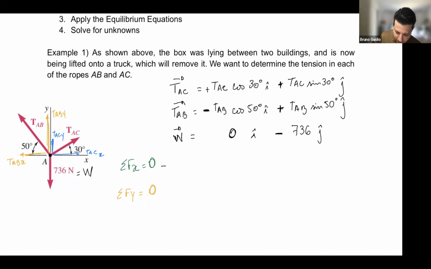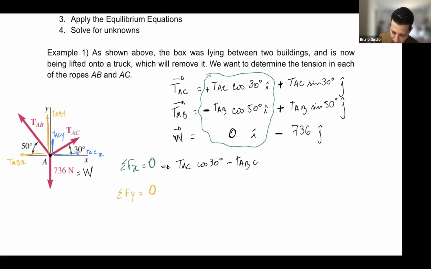So let's do that. Sum of the force in x should be 0. Meaning that TAC cosine of 30, plus, not plus, negative TAB cosine of 50, should be 0.